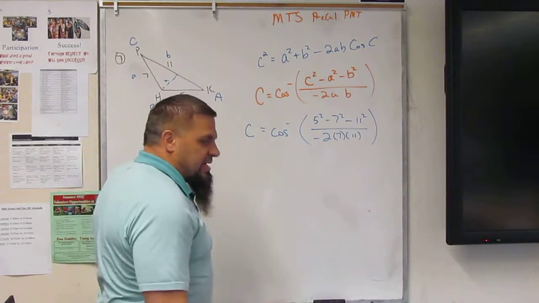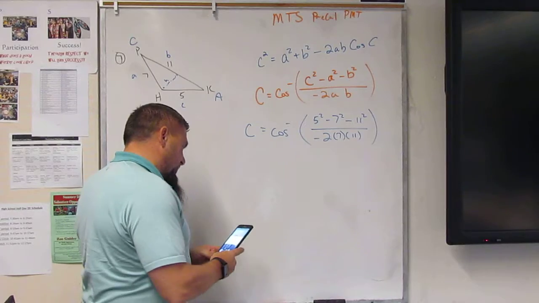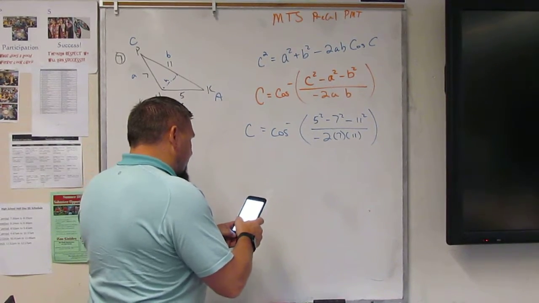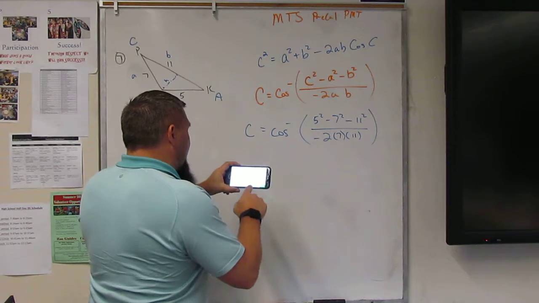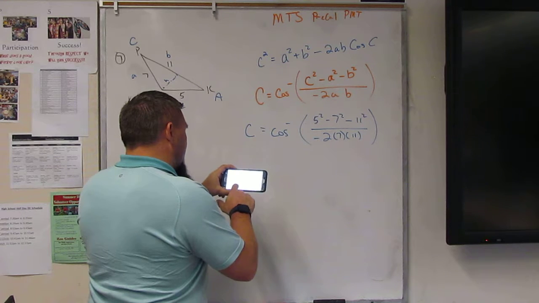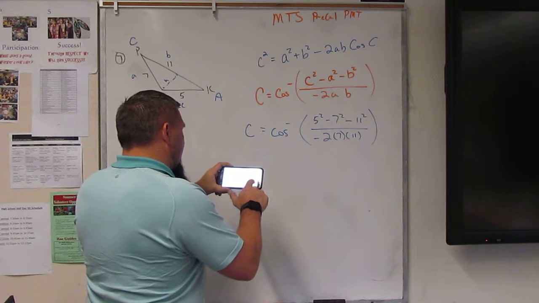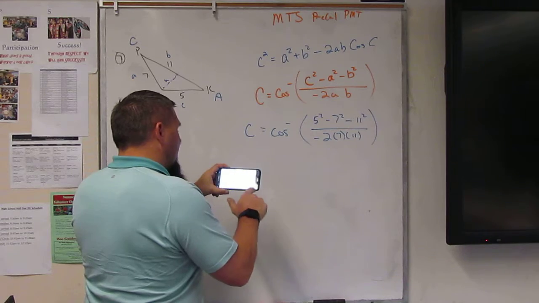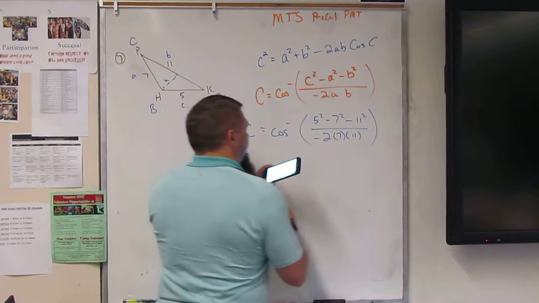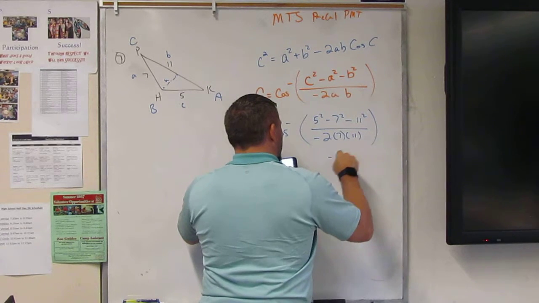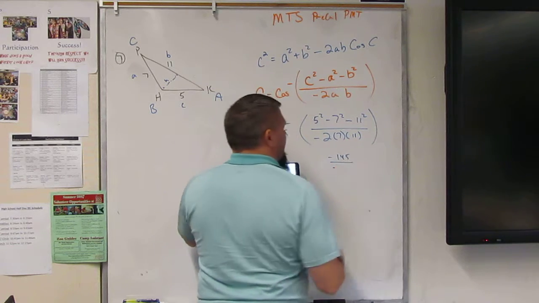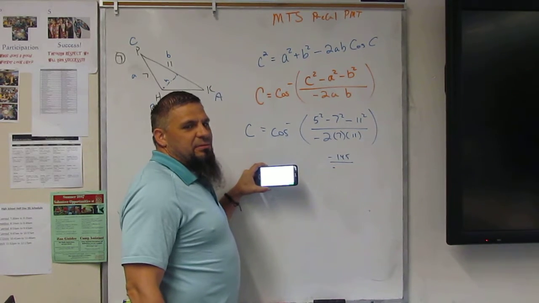Okay? So then we take out our trusty-dusty calculator. Right? And it's pretty simple. I can take 5 squared minus 7 squared minus 11 squared. It equals negative 145. Right? And then this is obviously divided by negative 77 times 2.